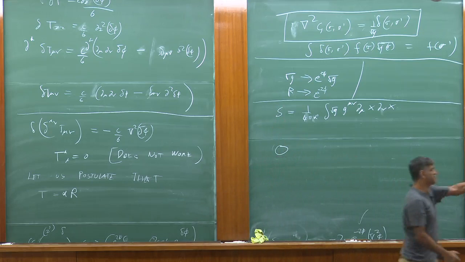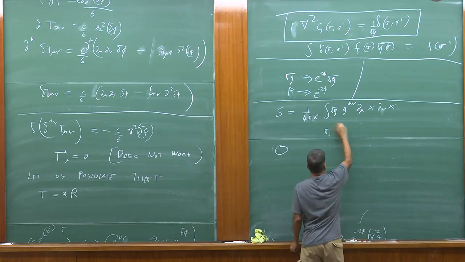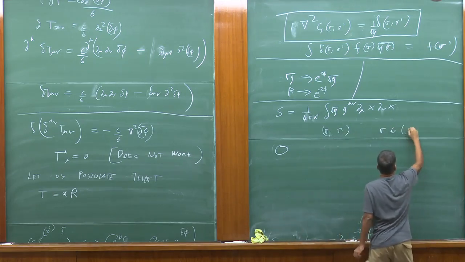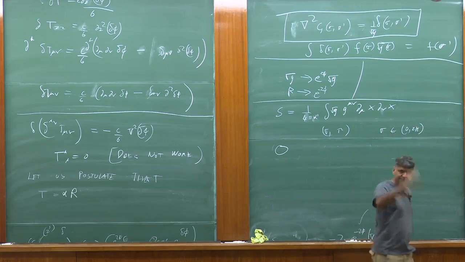So let's imagine that our coordinates are given by sigma and tau. Sigma lies in 0 to 2 pi and tau goes from minus infinity to infinity.